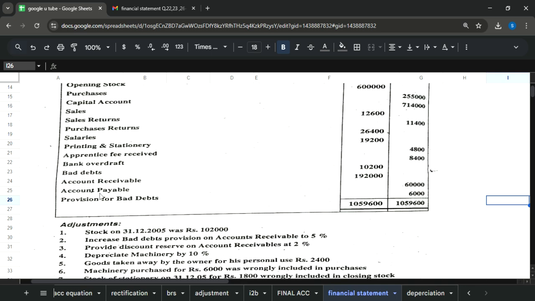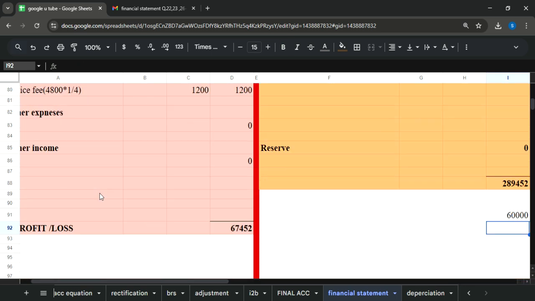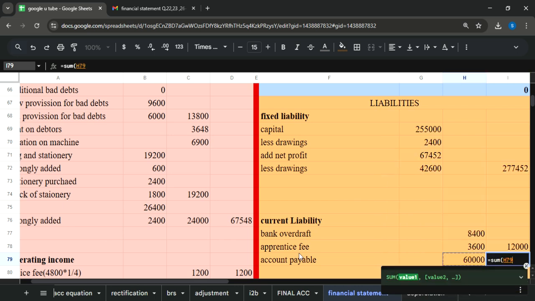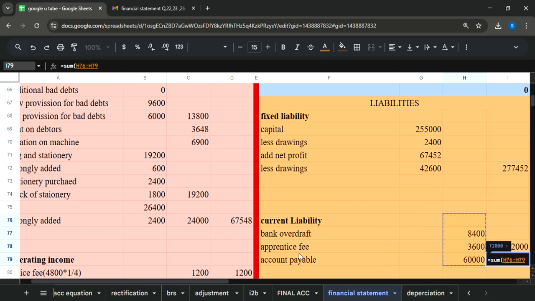Look at this. Accounts payable was supposed to be written in the current liability side. Here let's write it, and this is 60,000. Let's calculate it again. We will take the sum of current liabilities.